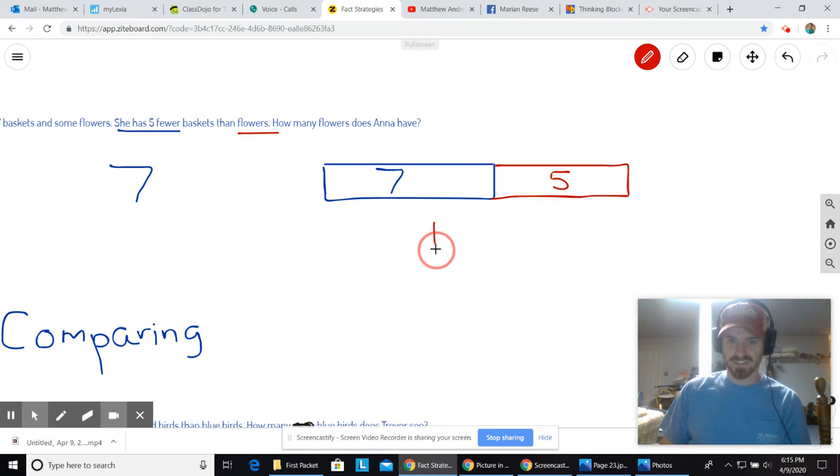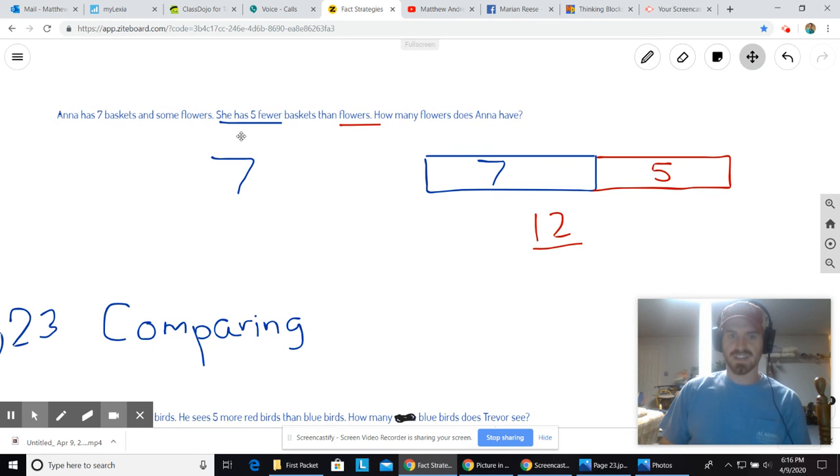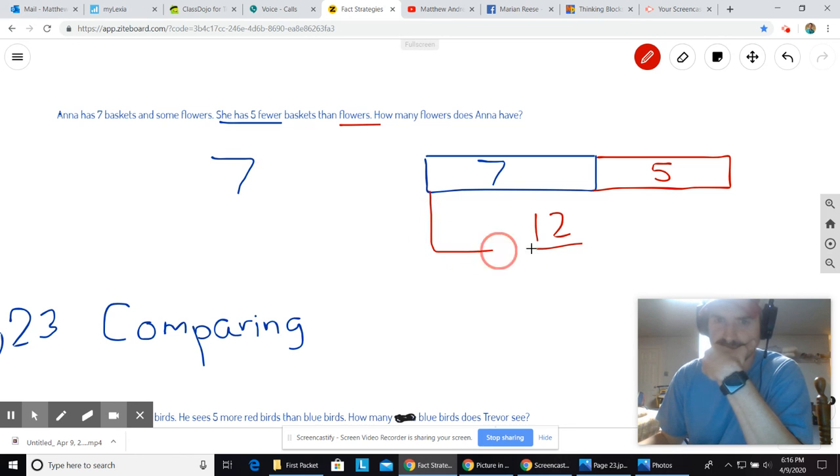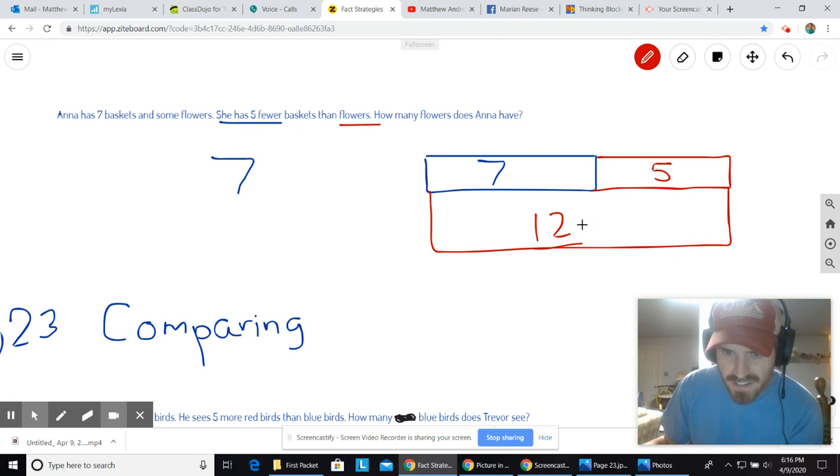I think the answer is 12. She has 12 flowers. Now, for that to be true, that means that I'm going to draw a rectangle for the 12 flowers. So these are my 12 flowers that I think that she has. These are the 5 extra, and these are the 7 baskets.